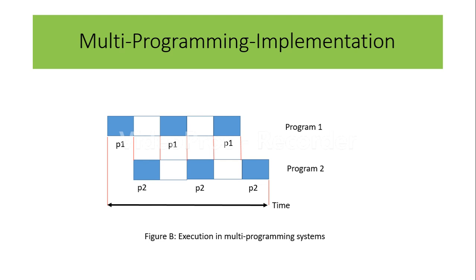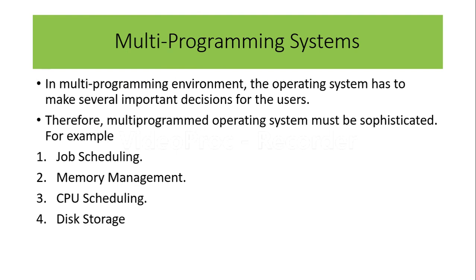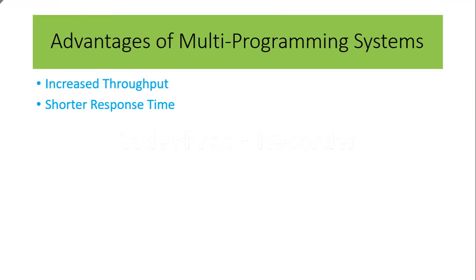Now if I talk about the advantages of this multiprogramming system, the best examples can be job scheduling, memory management, CPU scheduling, and disk storage. The advantage of this multiprogramming system is that it is responsible for increased throughput.